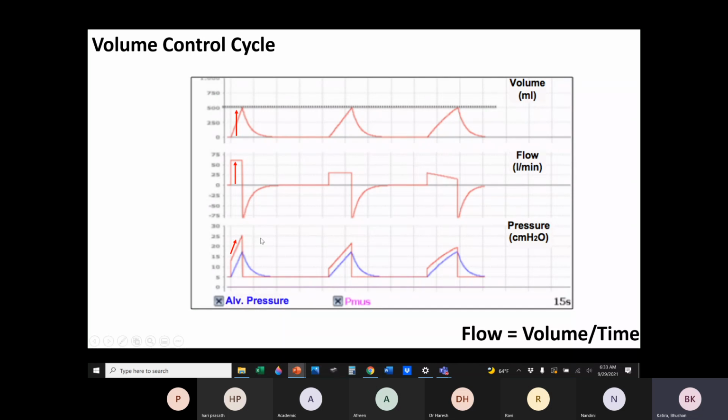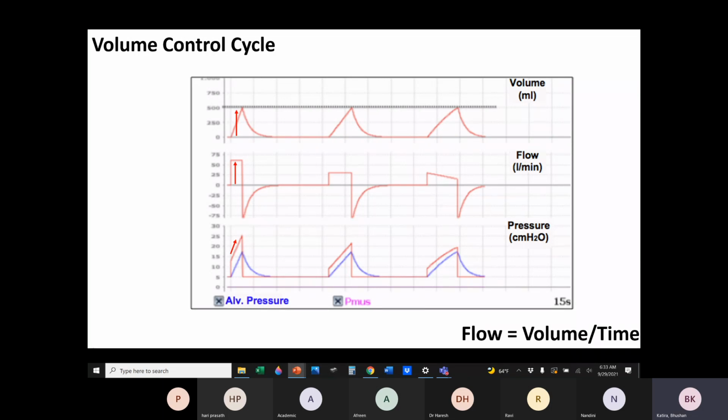Now, why does this happen? This happens because when you set up a volume control ventilation, you give a flow, and there is an initial increase in pressure. The atmospheric pressure is zero, and the pressure at the beginning of inspiration is also zero inside the alveoli. There is no gradient. As you start giving the flow, the positive pressure builds up in the system.